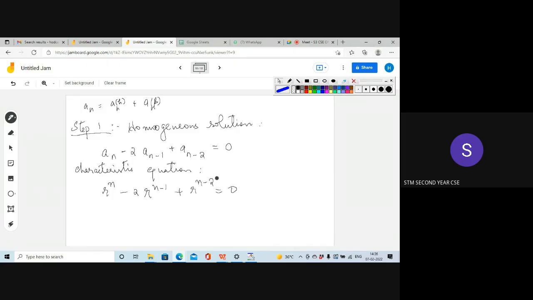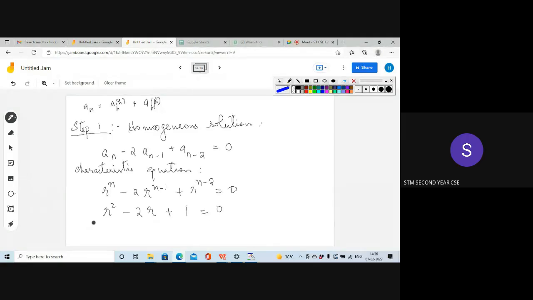Next, divide by the lowest power throughout, that is r raised to n minus 2, and you get r square minus 2r plus 1 is equal to 0. Isn't it?